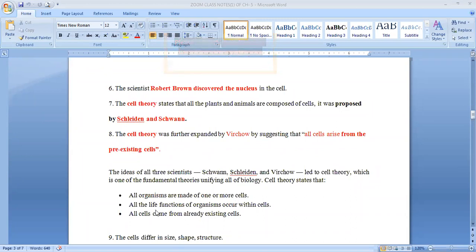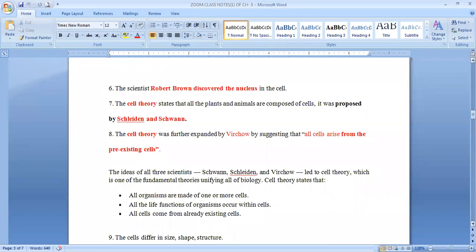Next, all the life functions of organisms occur within cells. What does it mean? It means all the functions of your body are performed by the cell, right? All cells come from already existing cells. It means the cells which are already present will divide to make the new cells, right?